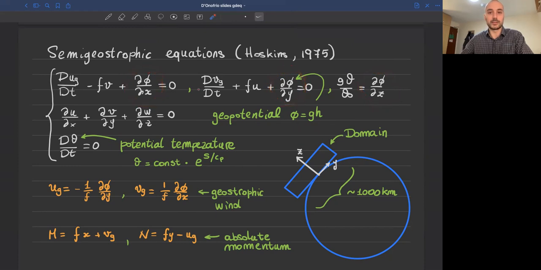It enters the momentum balance only through its gradient, right? But it doesn't represent actually the pressure. It's something else. And indeed, it represents the gravitational potential, okay? The potential energy per unit mass.